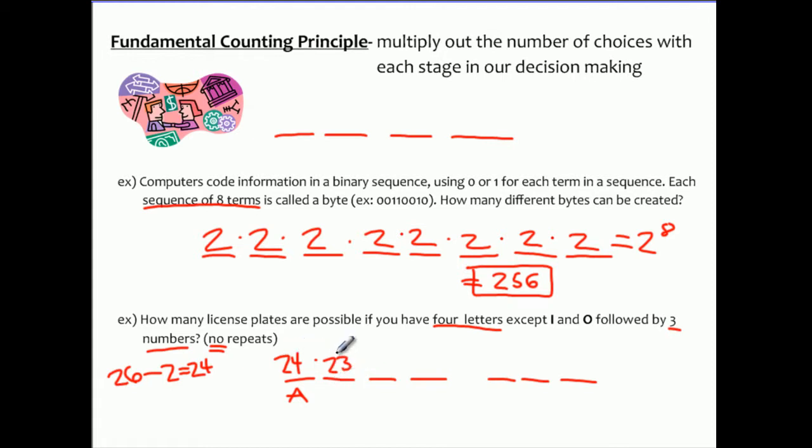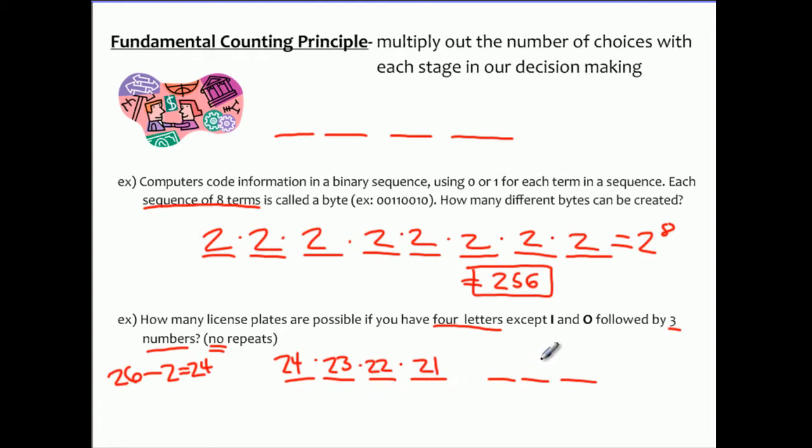Now we've chosen two letters, say it was an A and then a B. The next spot, the third spot here, I can't have an A or a B or an I or an O. So 26 minus 4 will give me 22 choices left. And then once I've chosen that letter, I only have 21 left over for the fourth position.